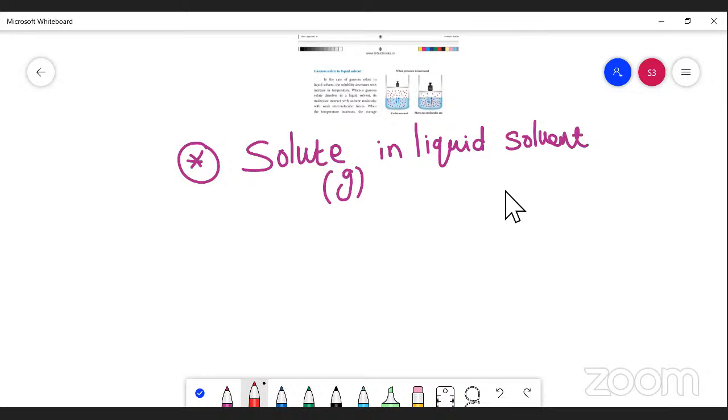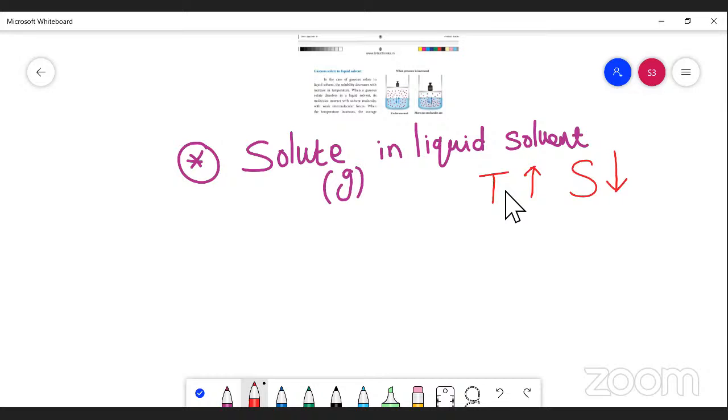What happens to this when the temperature increases? Here the solute is a gas. If the solute is a gaseous particle, then when the temperature increases, there is a decrease in the solubility. How, sir? Let me explain this.